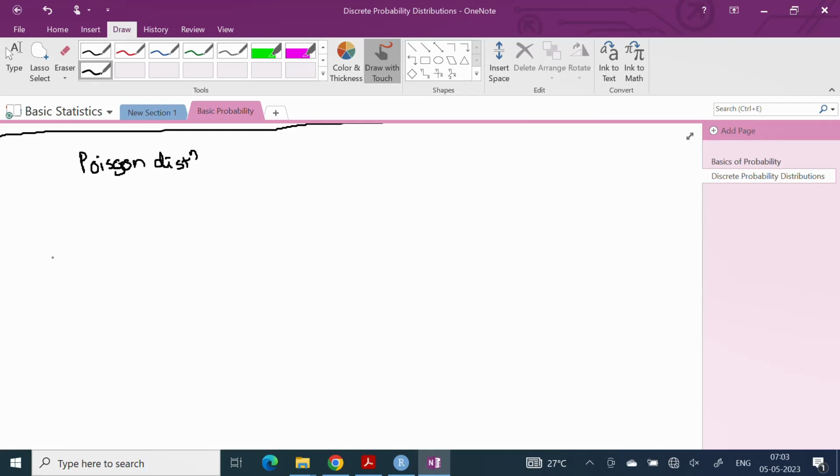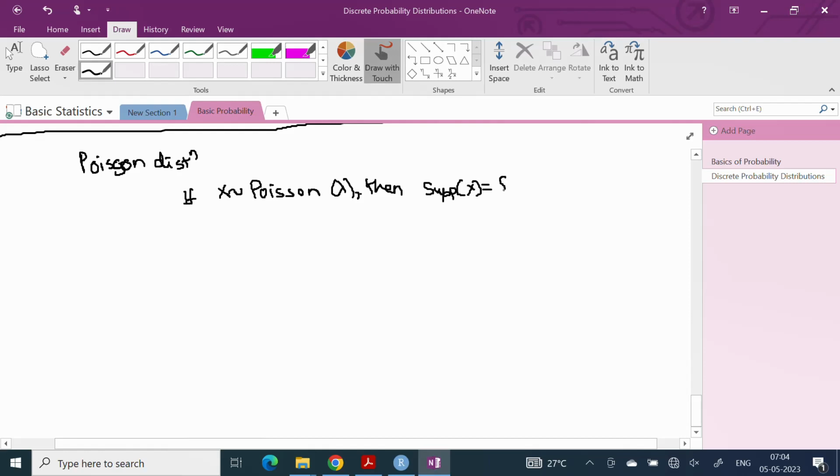So Poisson distribution is also for counting things. So if x follows what is known as Poisson lambda, then the range of x, or support of x, is actually starting from 0, 1, 2, and there is no upper bound.